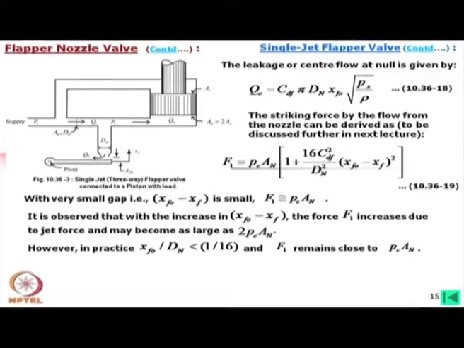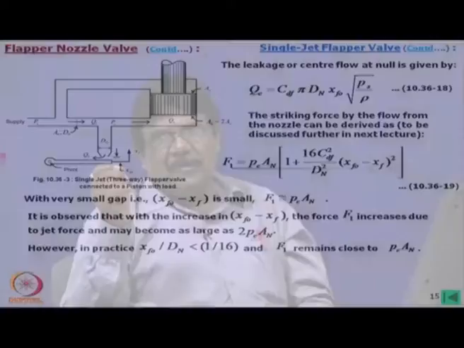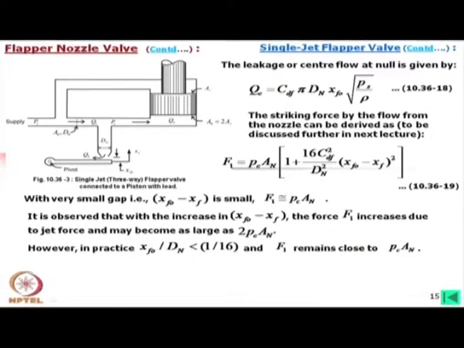In that case xf0 is only 0.1 millimeter. 0.1 millimeter you can imagine is very small. And again we are giving the motion of that. So, this motion is very small and very precise, and F1 remains close to Pc into An.